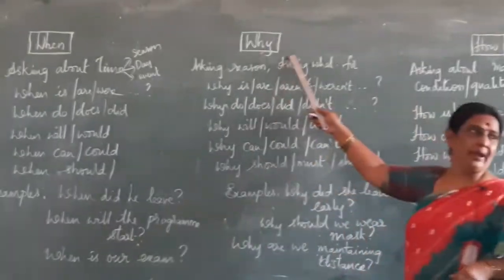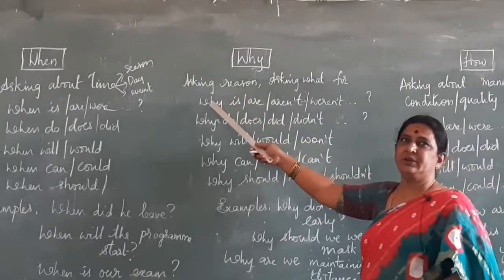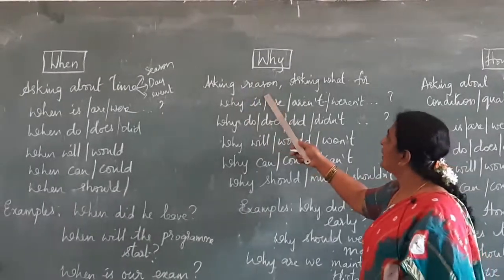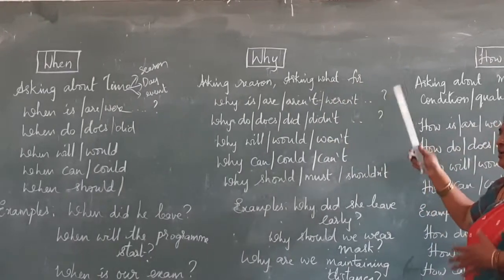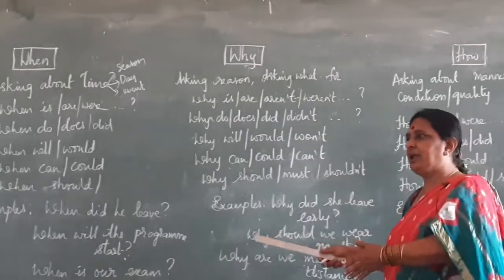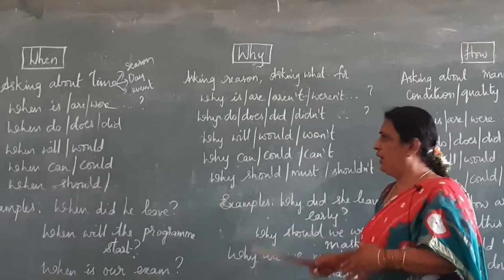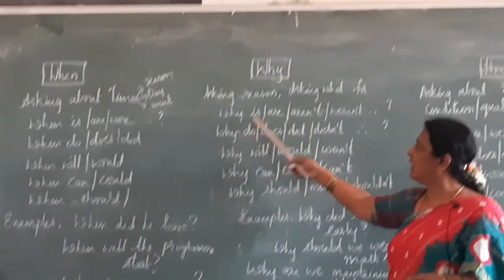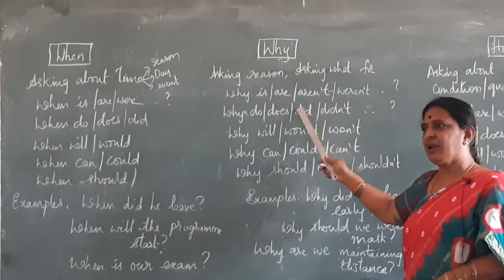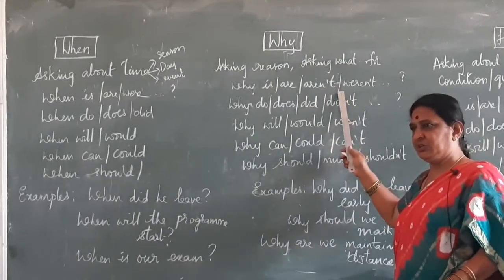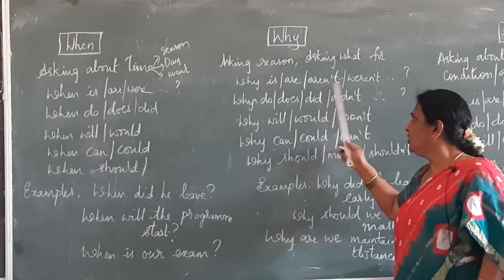Next one, why. It is the word used for asking reason or asking what for. What the event is happening for. Why is, are, aren't, weren't. So, negatives can also be used here, okay, for framing negative questions.